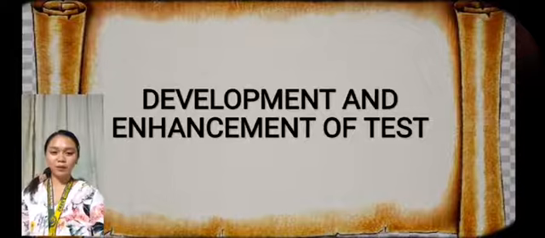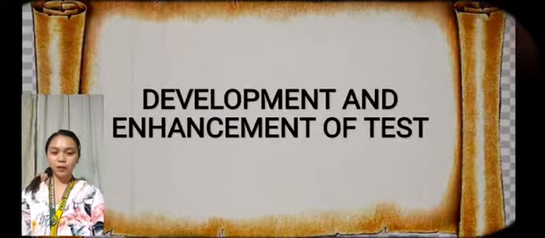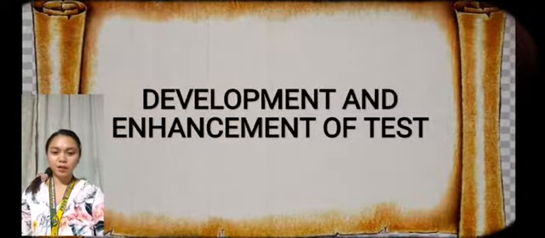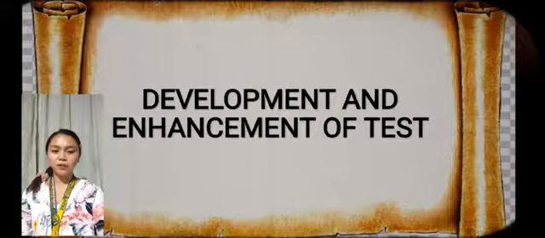We are now down to Chapter 3, Lesson 4, which is the development and enhancement of tests. Let me give you the overview of this topic. This chapter deals with the process and mechanics in developing a written test that is understandably a teacher-made type.